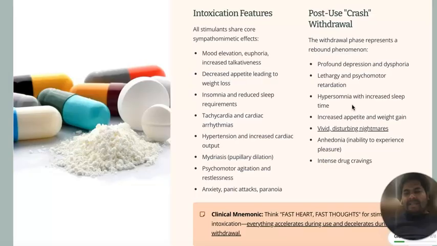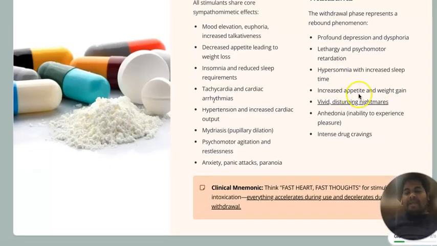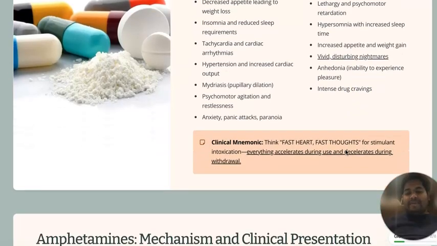When this person undergoes withdrawal, they develop features that are just the opposite. The features will be lethargy, psychomotor retardation, depression, dysphoria, increased sleep (hypersomnia), increased appetite and weight gain, vivid and disturbing nightmares, anhedonia (inability to experience pleasure), and intense drug cravings.